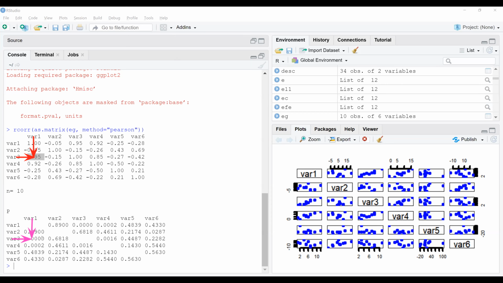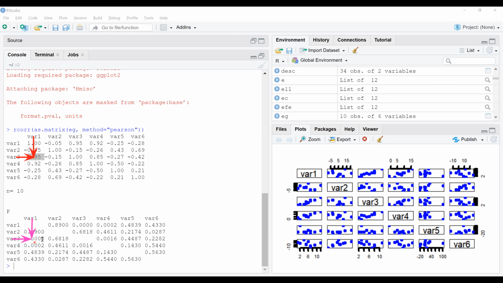This value indicates their corresponding P value. When you look at that P value and it is less than 0.05, then the coefficient at the top, that 0.95, is significant.